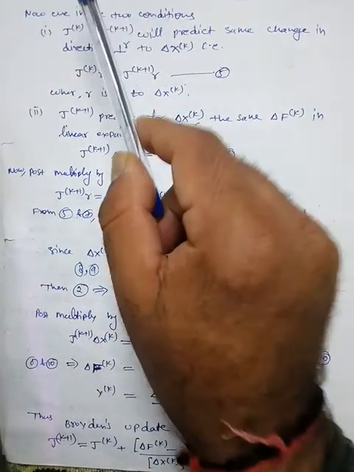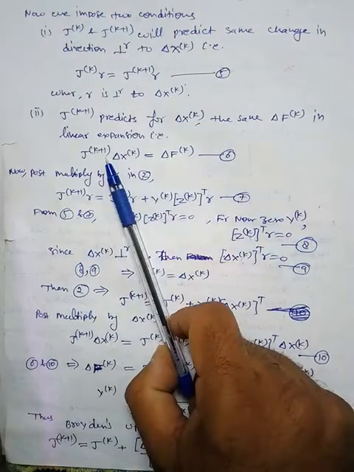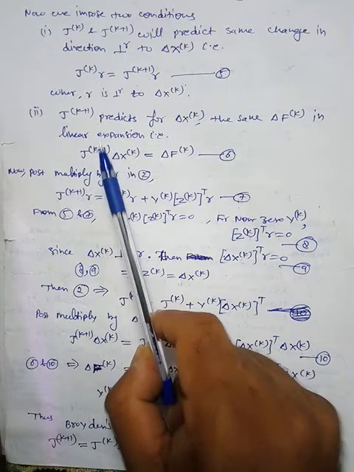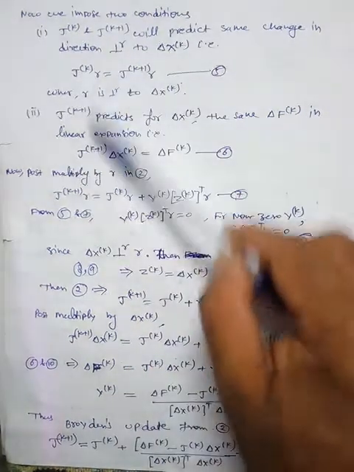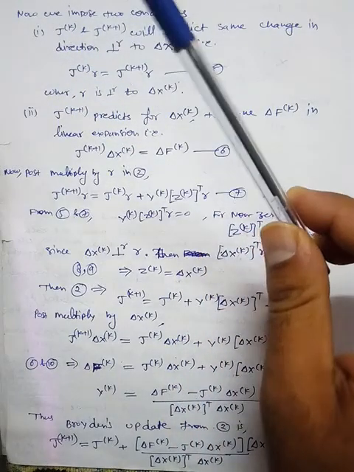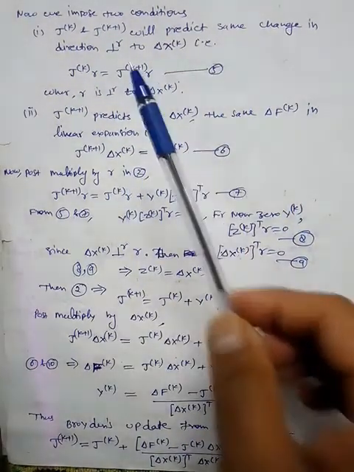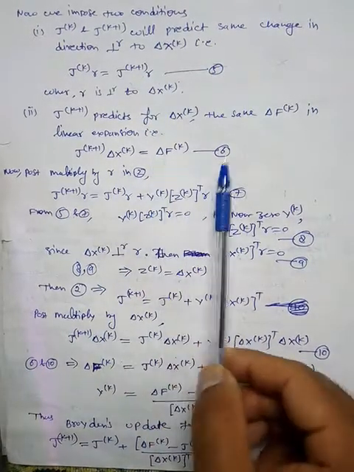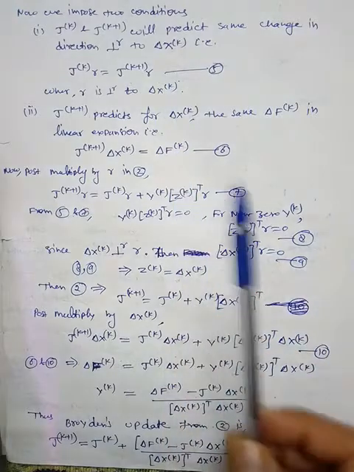We can evaluate this with the help of J(k+1) also. So J(k+1) delta xk is equal to delta fk. We will use these two conditions to find yk and zk, sorry. This is equation number 6. These are the conditions which we have imposed.